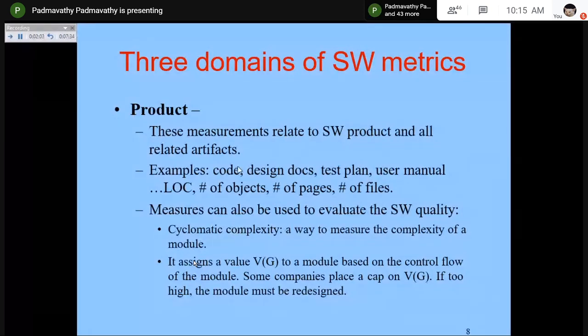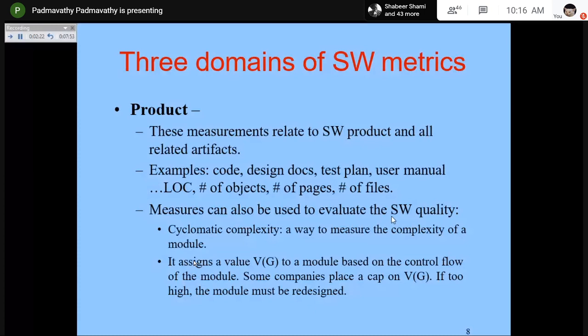All these are quantitative measures, like number of lines of code, number of design documents, number of testing plans, number of files, number of objects. But quality can also be evaluated, other than quantity.